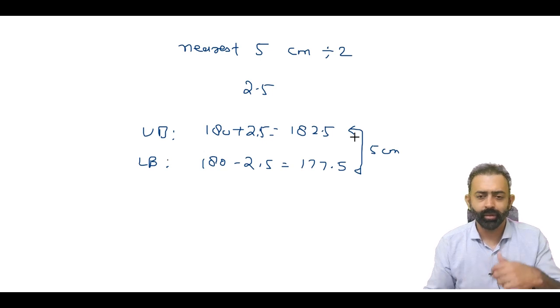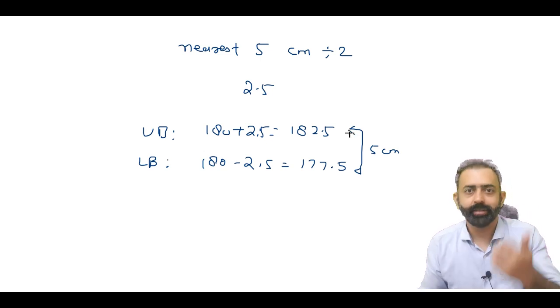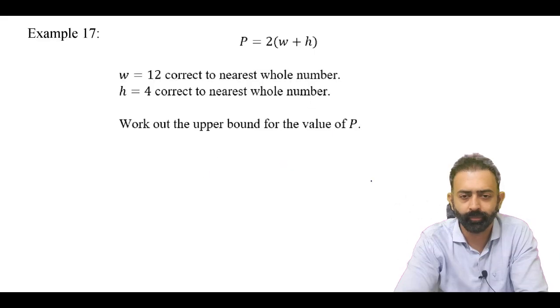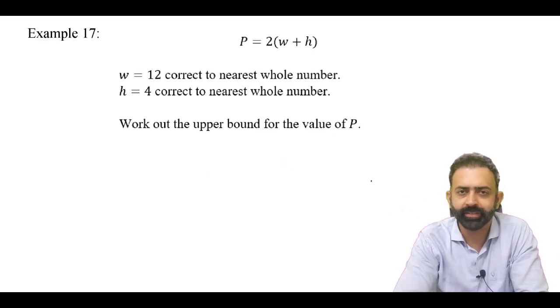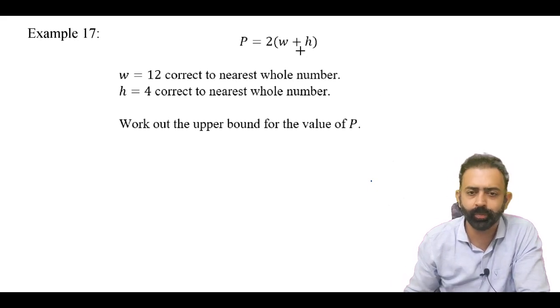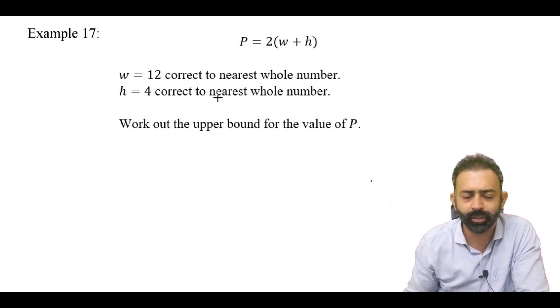Now let us take some examples on upper bound and lower bound. The example says that P is 2W plus H. W is 12, correct to nearest whole number. H is 4, correct to nearest whole number.